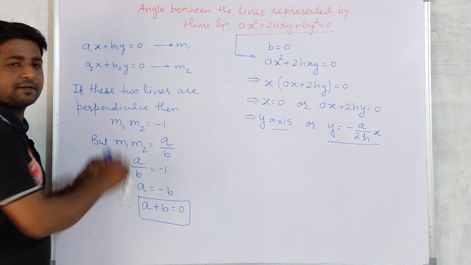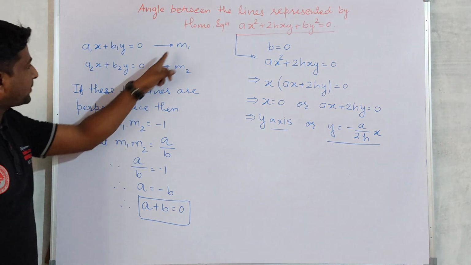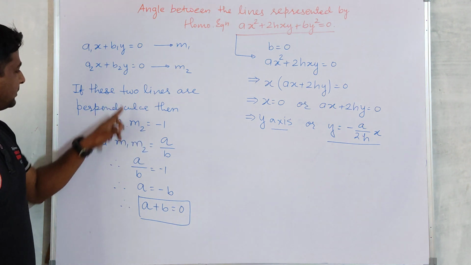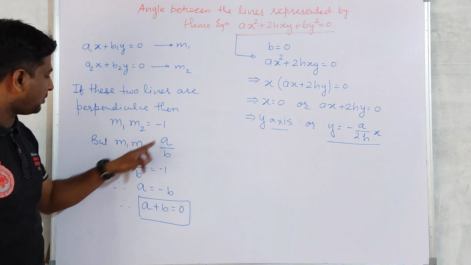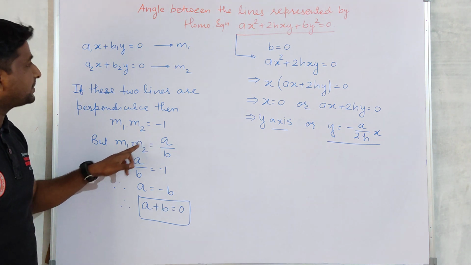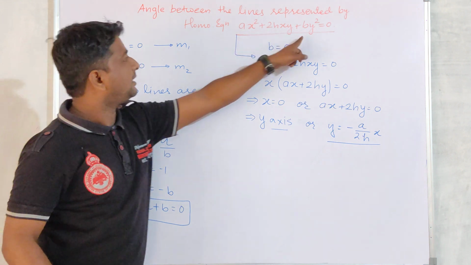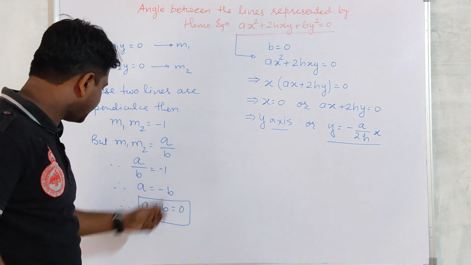Suppose these two lines are perpendicular to each other, then the product of the slopes will be equal to minus 1. But as we already know, the product of the slopes is a upon b. So a upon b is equal to minus 1.